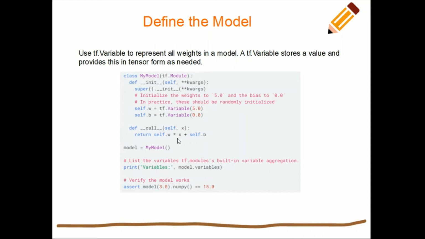That is a simple calculation that we are doing here. We create an instance of our model. We can iterate over whatever variables are in this module. We can also do a quick check that everything is fine by using this assert. So that is step number 2.